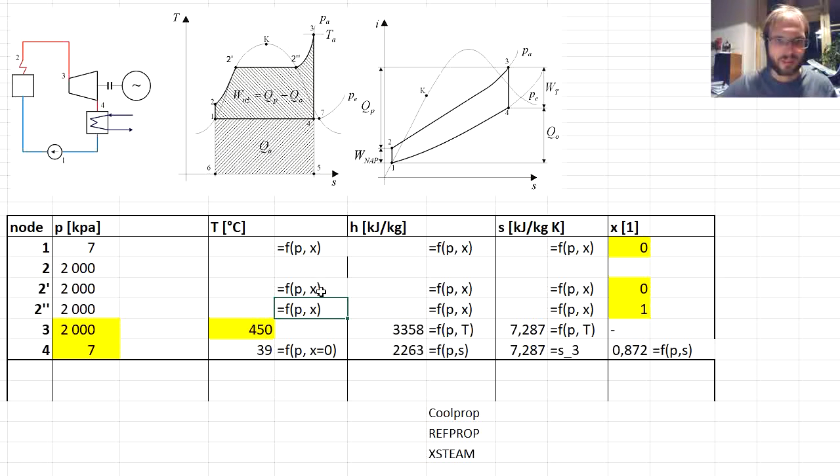But now let's use our enthalpy-entropy diagram and other information to obtain these values if we don't have these correlations and if we don't have these functions.